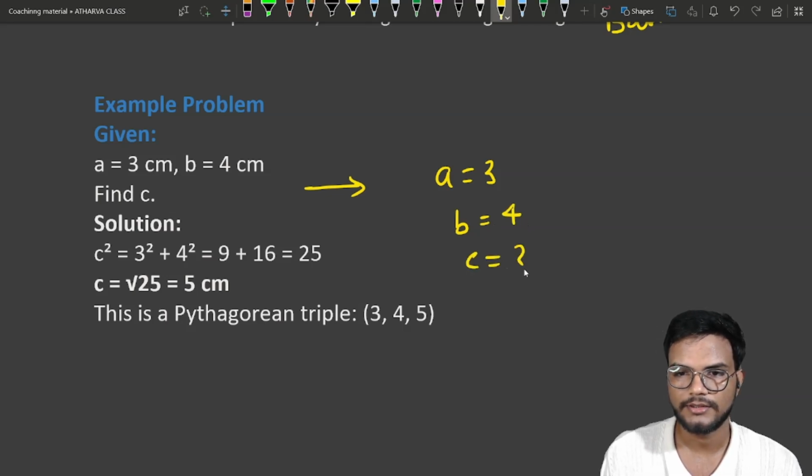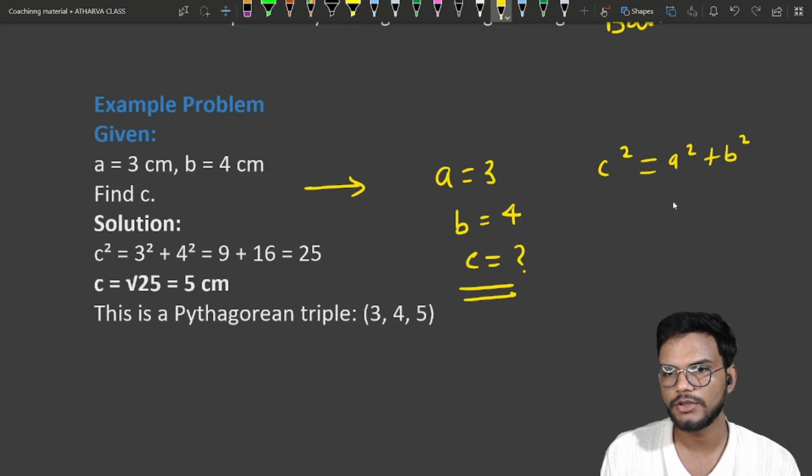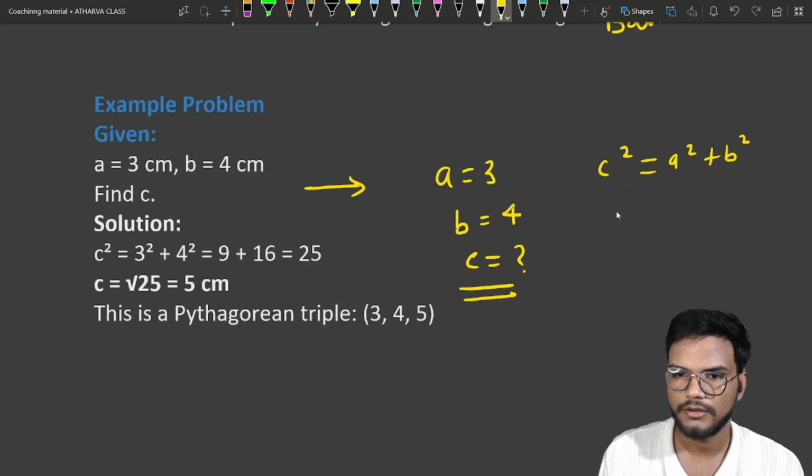So what is c? c is the hypotenuse. So c square equals a square plus b square. This is what we can use as the Pythagorean theorem. Here c needs to be found.